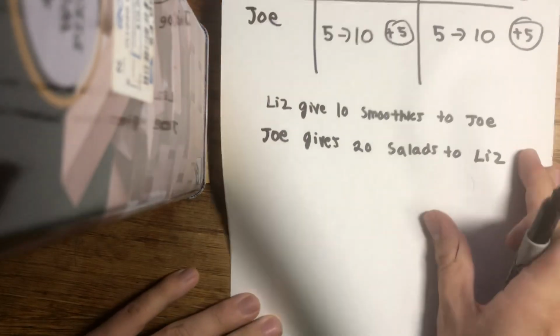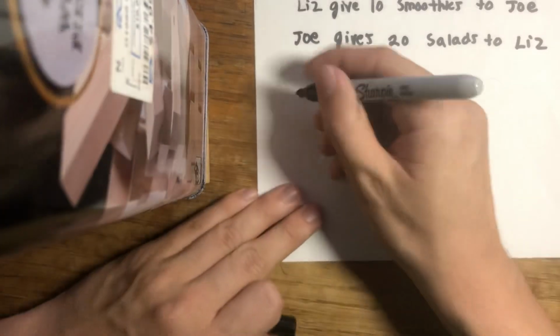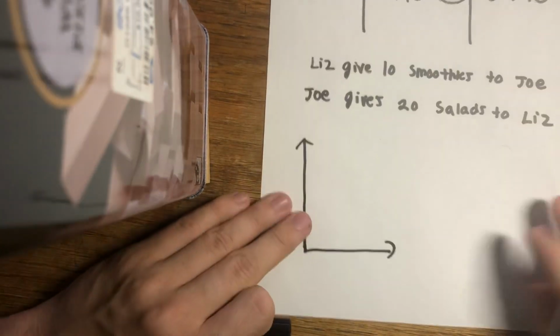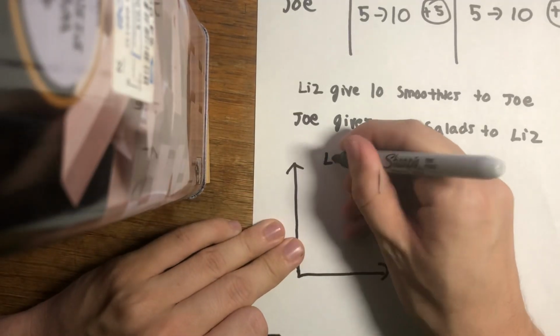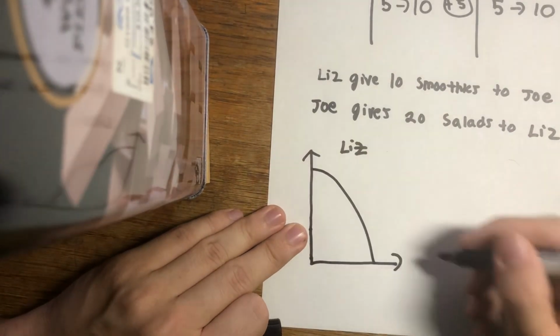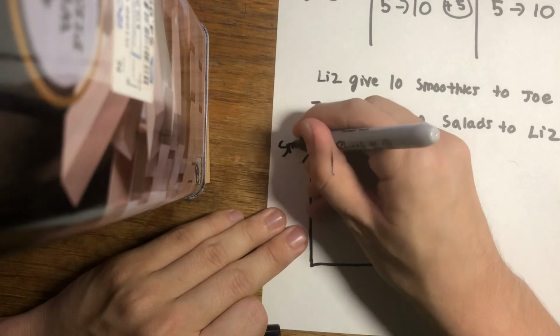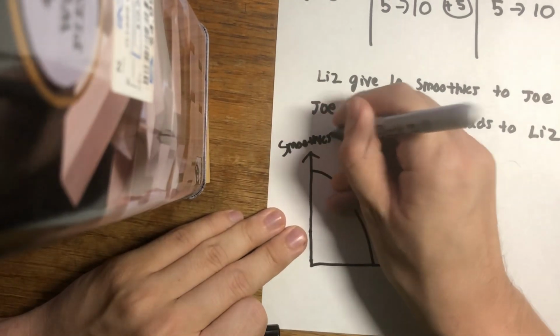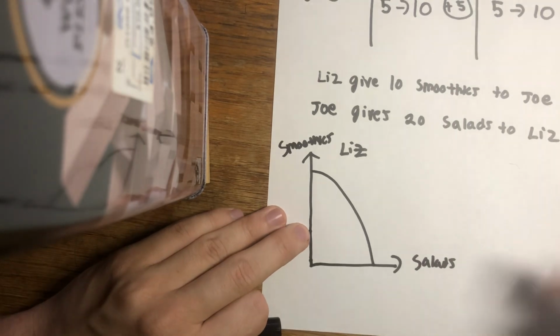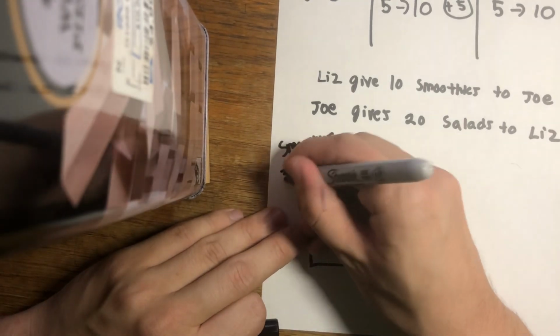And graphing this in terms of the production possibility frontier, you have Liz over here. You have the smoothies and you have the salads. 30, 30.